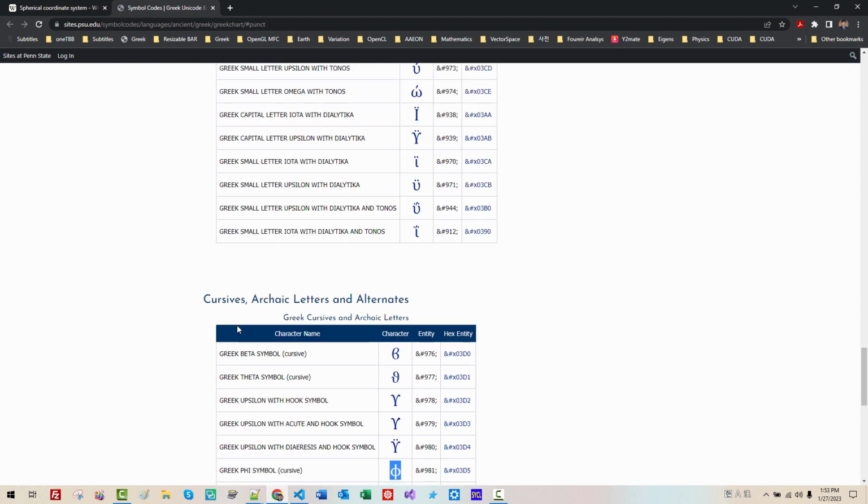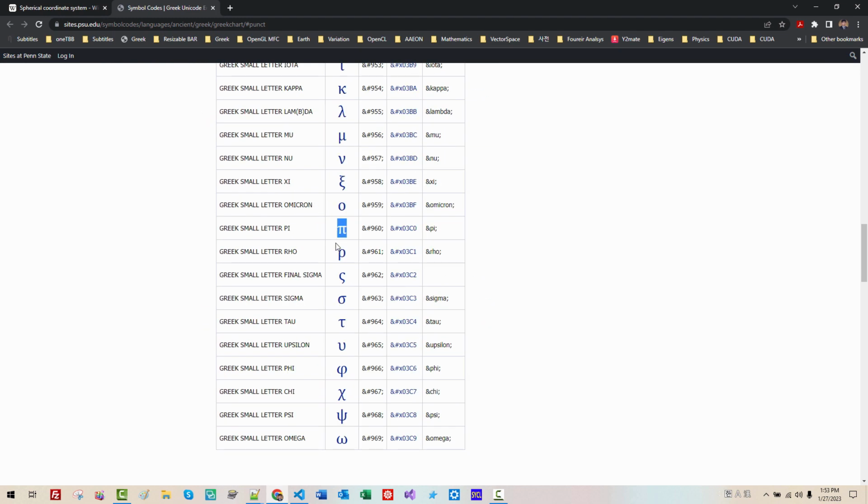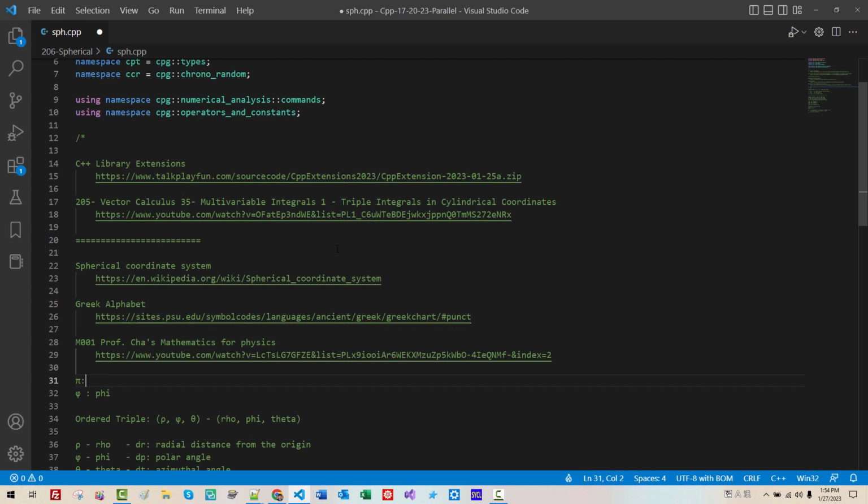In this table once again, this Greek letter is pronounced phi. This symbol is pronounced pi. In English, they pronounce it like phi. I will pronounce this symbol as pi, but I will pronounce this symbol phi, not pi.